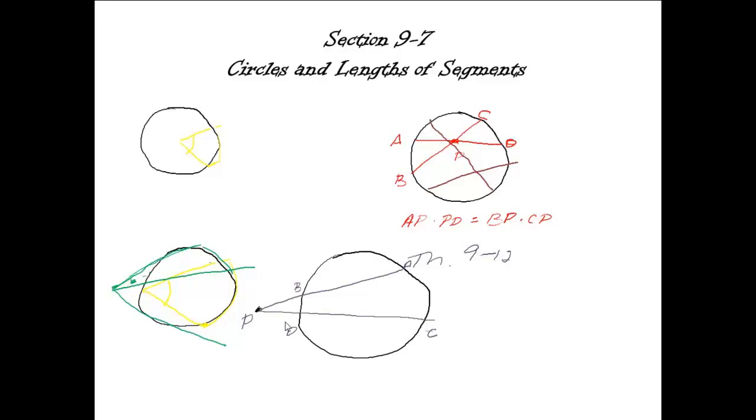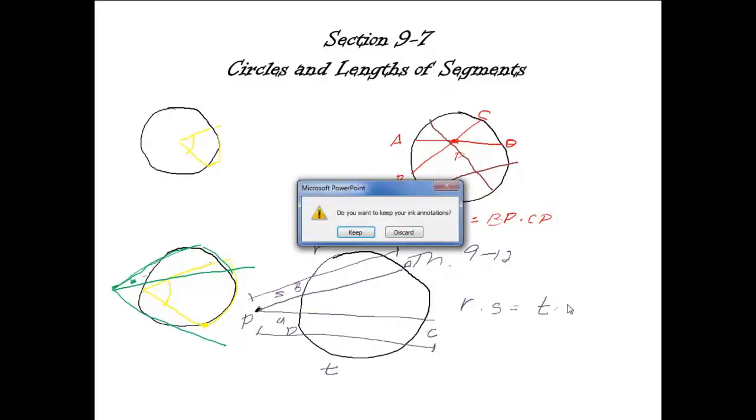In other words, if this is entirely R and this is entirely T, then RS, and this is the other one here, this is point S, and this is point U. What they're saying is that the entire one, R times the external, is equal to T times the external. Okay?